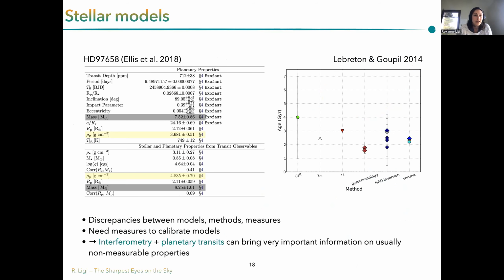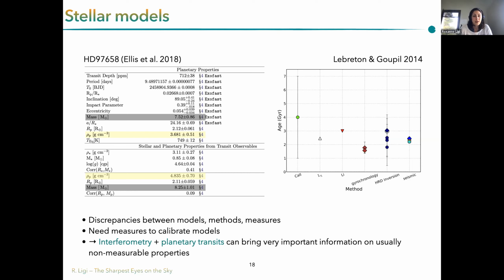Another example where we applied the same method is HD 97658, where we could also compare the parameters of the exoplanet, in particular the mass, which we found higher using the direct method than using the model.